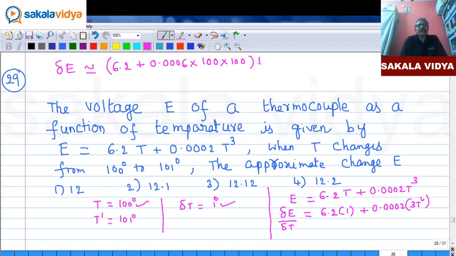We need to simplify: approximately equal to 6.2 plus 100 into 100 is 10,000, into 6, 60,000, 4 zeros. How many points? 4 points here, that means you will be getting 12.2. So, fourth option is the right option.